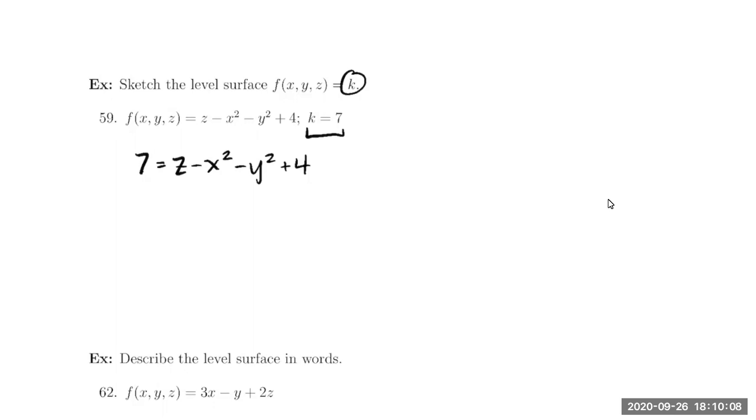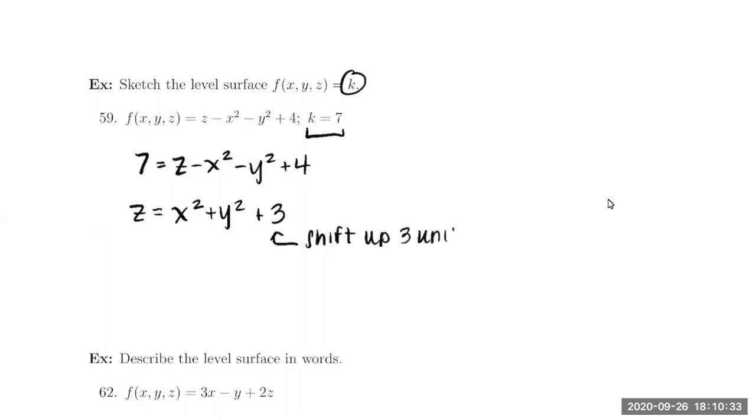So I'm going to solve for z. That's going to leave me with x squared plus y squared, and that's going to give me a plus 3. All right, so this looks very similar to something that we already sketched earlier, right? This is a paraboloid. I'll note here that this plus 3 is just going to shift my paraboloid up 3 units.